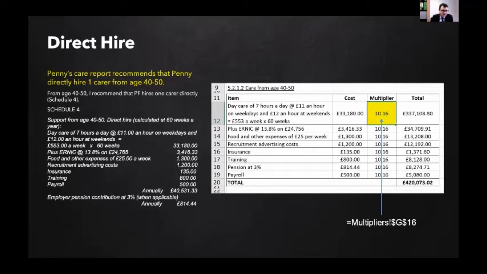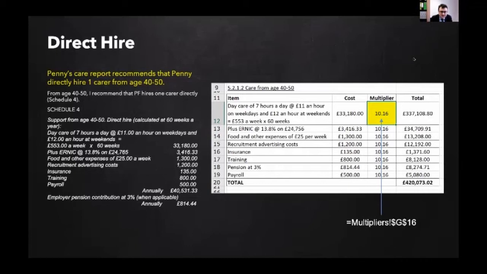So you have in line 12, effectively the base costs, which are based on 7 hours of care a day at £11 an hour, weekdays going up to £12 an hour, weekends, which the care expert has calculated will cost £33,180 per annum. And then you add those additional expenses thereafter that I talked about. So you've got the two principles there, as you can see.